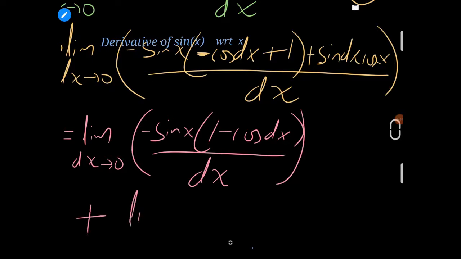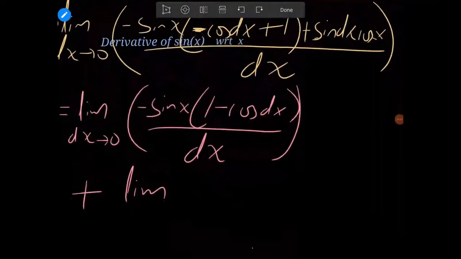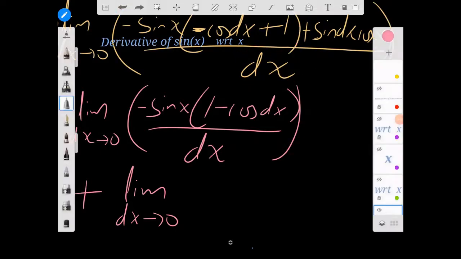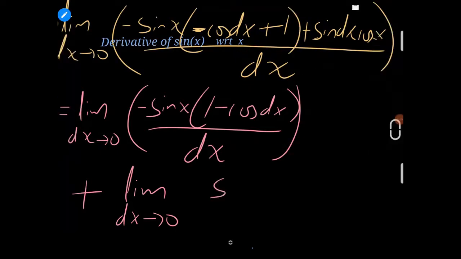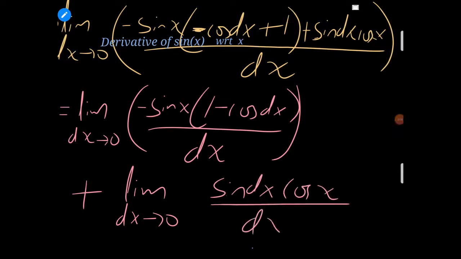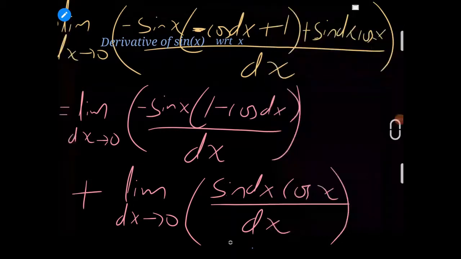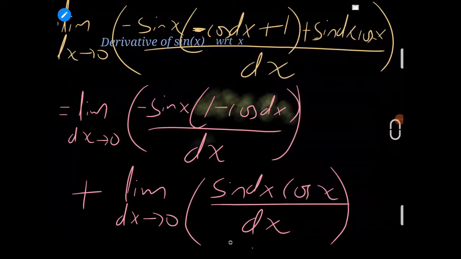Plus the limit as dx goes to 0 of sin dx cos x, whole divided by dx. Now this is where you need to look carefully. We have 1 minus cos dx divided by dx.